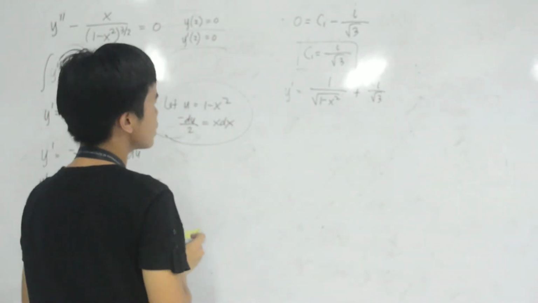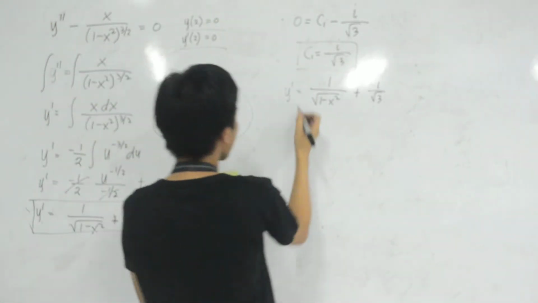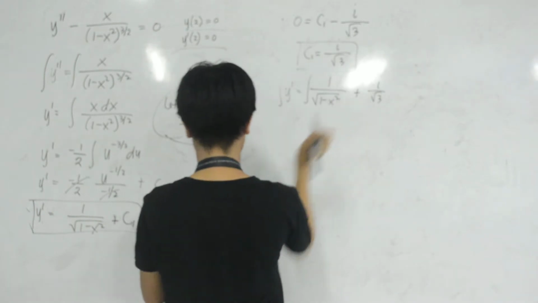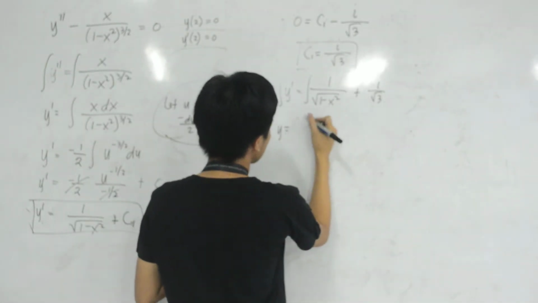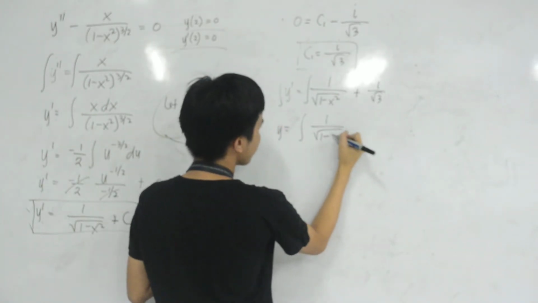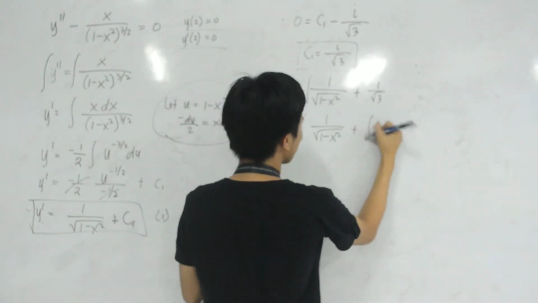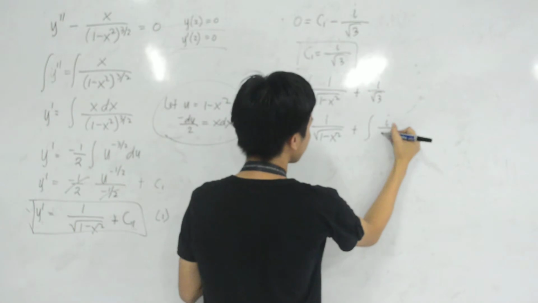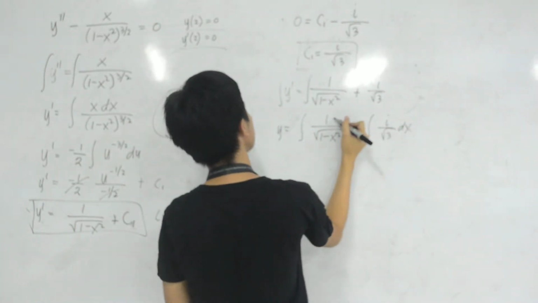So we will now proceed to get the value of y. So integrate both sides with respect to x. So we have y is equal to the integral of 1 over square root of 1 minus x squared plus the integral of i over square root of 3 dx.